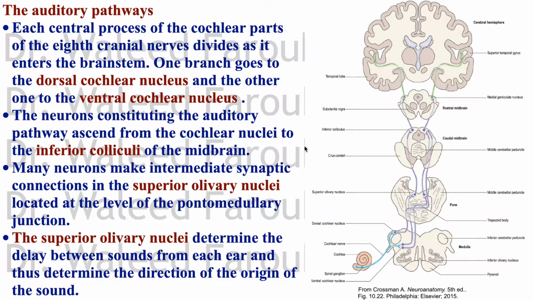One branch goes to the dorsal cochlear nucleus, and one branch goes to the ventral cochlear nucleus.